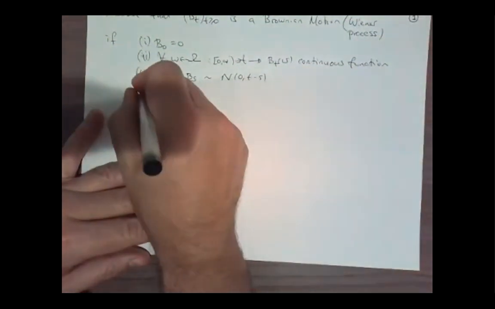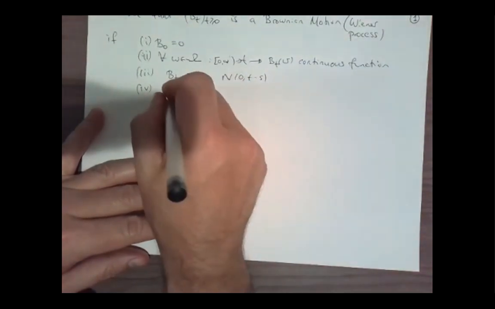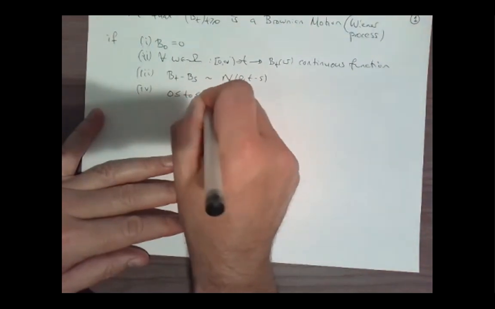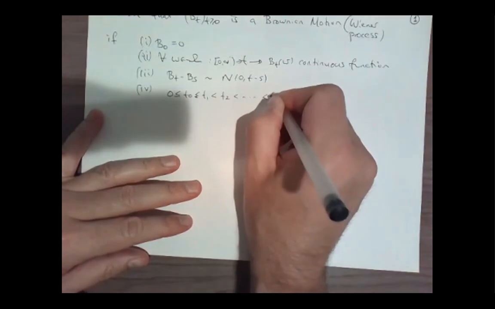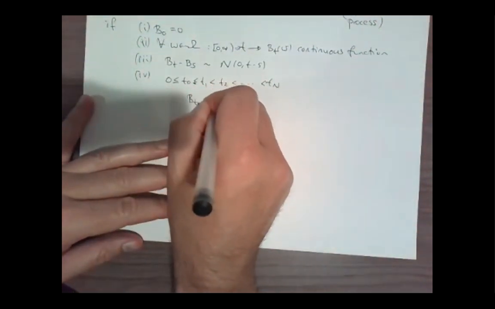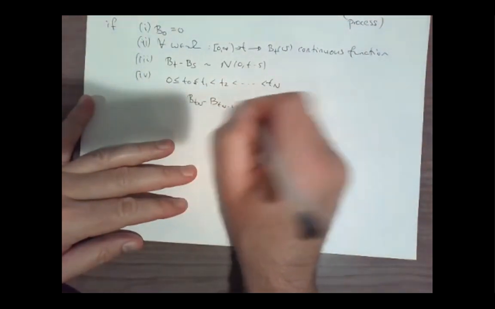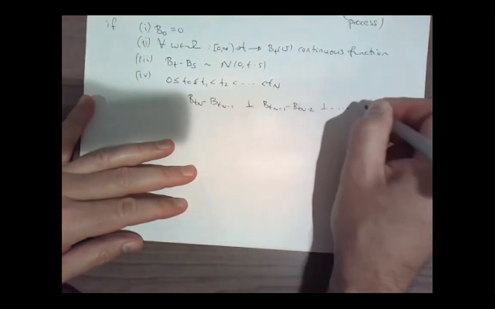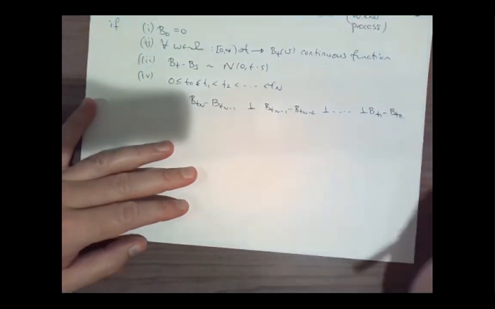And we are saying that we have independence. If I take non-overlapping intervals, then B at tn minus B at tn minus 1 is independent of B at tn minus 1 minus B at tn minus 2, which is independent, and all the way down to B at t1 minus B at t0.